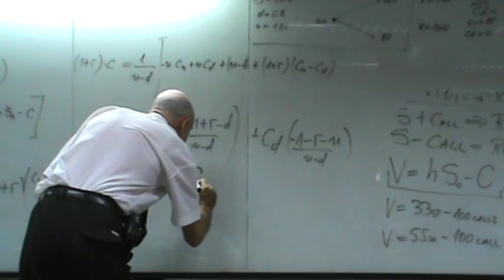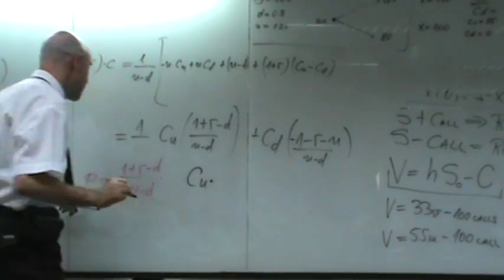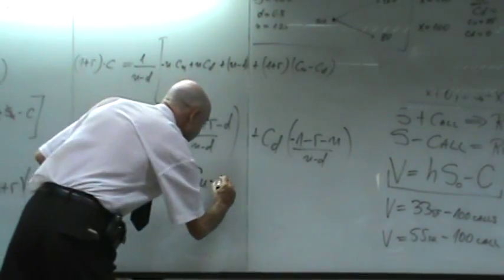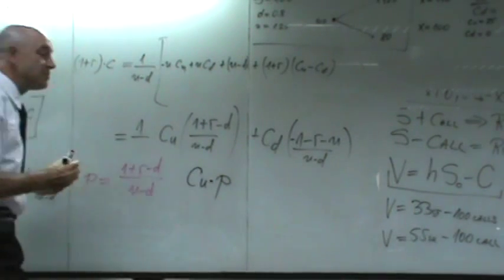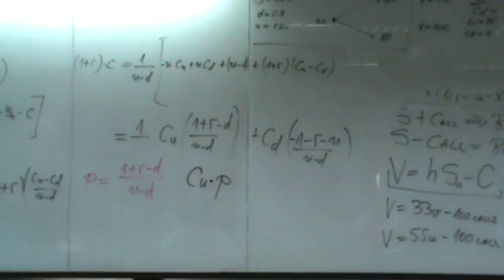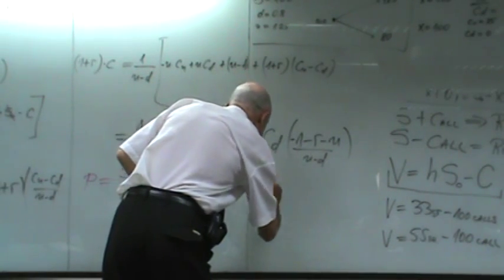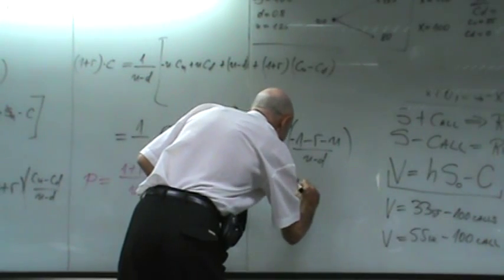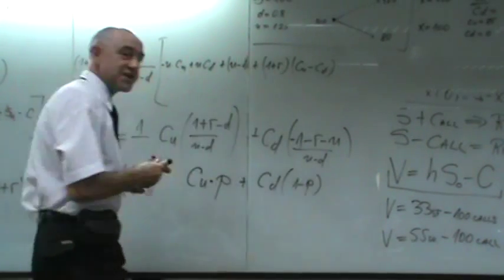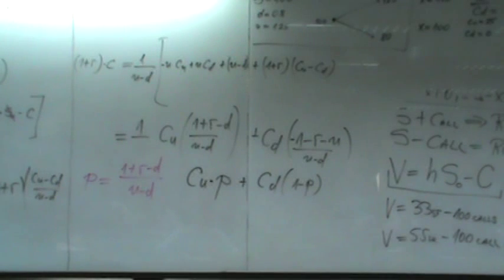This becomes CU times P, and then this becomes plus CD times 1 minus P, and we got here the division of 1 plus R.